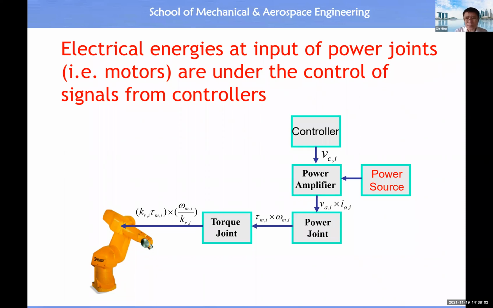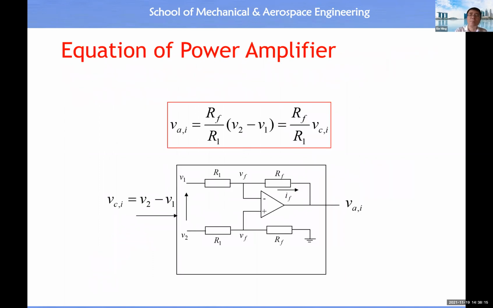All right. Then what should be the equation or dynamics for the power amplifier? Actually there are many types of power amplifier. I just choose this example to help you understand the relationship between signal and electric energy. This represents electric energy.